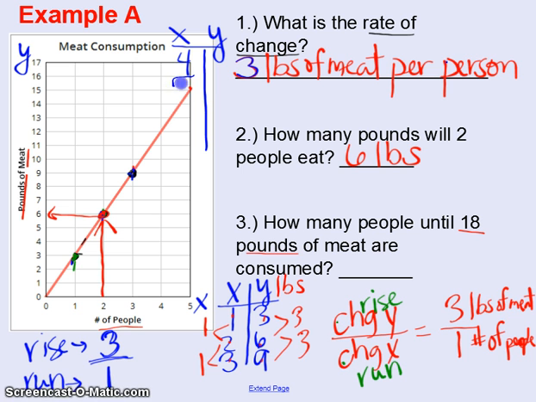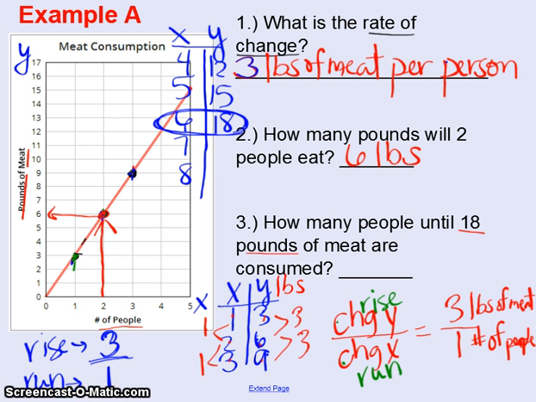So 4, 5, 6, 7, 8. Let's continue that pattern like what we did yesterday. So I want to make sure I get right here until I get to 18. So it went 3, 6, 9. It's going by 3s. So 12, 15, 18. Oh, look, right here. 6 people.